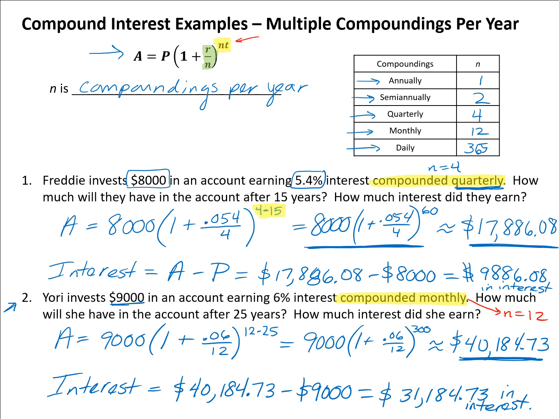So that exponent is telling us the total number of times you earn interest. So there is meaning to what's in this formula and why we have N multiplying T and why we have N dividing the R.